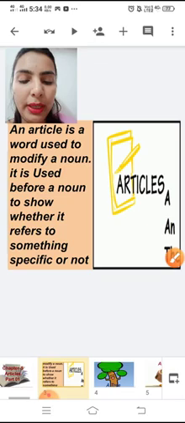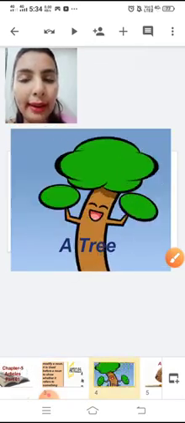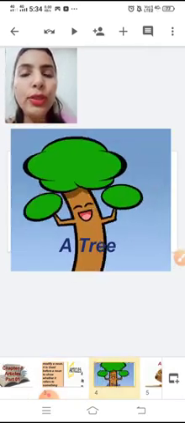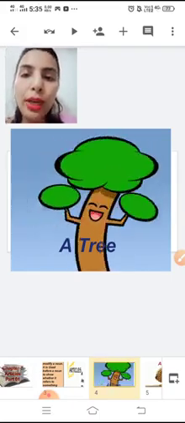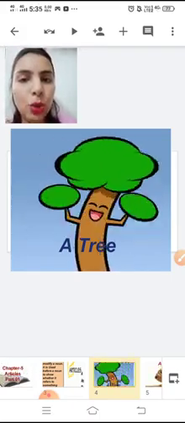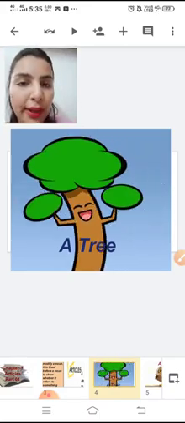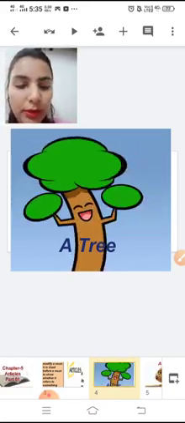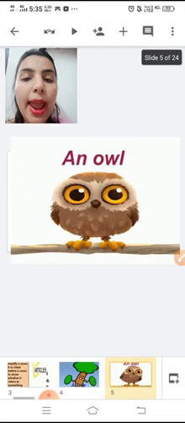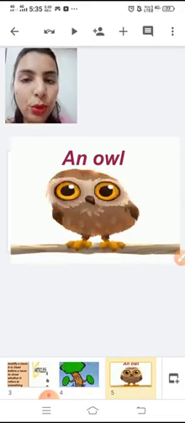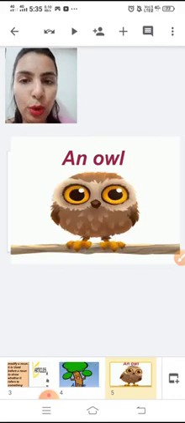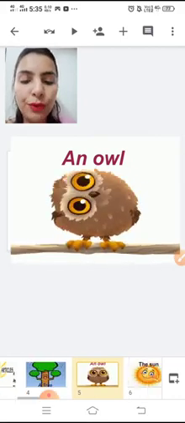So let us begin. See, a tree. We use a before tree. Tree is a noun. We use a to modify the noun. Now see the next. An owl. We use an before owl to define it.